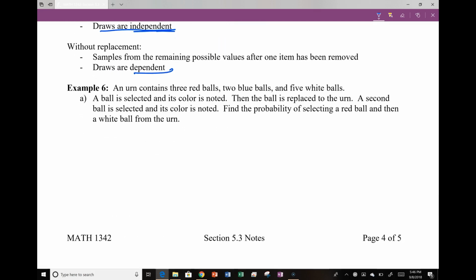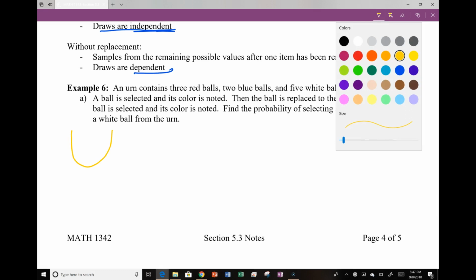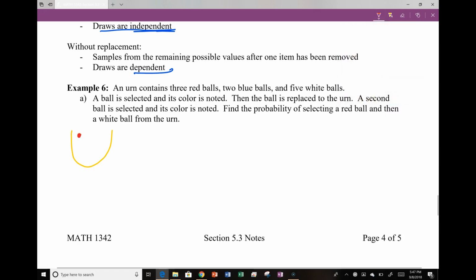Example, an urn contains 3 red balls, 2 blue balls, and 5 white balls. So here's my urn. It's going to contain 3 red balls, 2 blue balls, and 5 white balls, which in this case we're going to draw as green. A ball is selected and its color is noted.